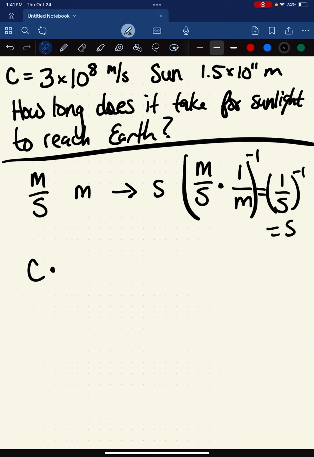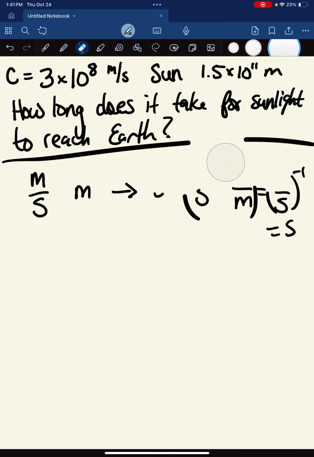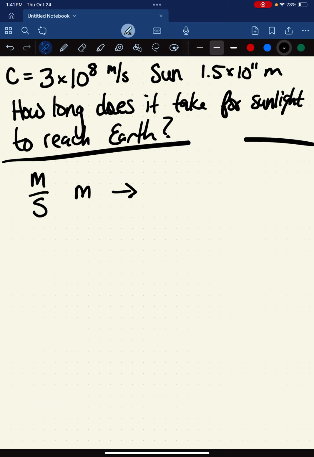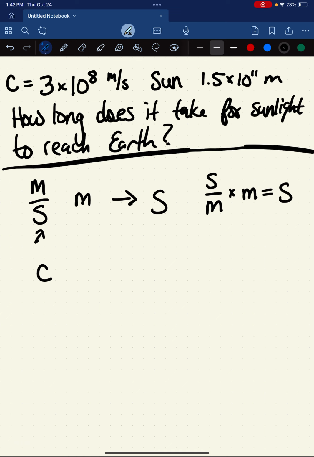So we need to take C, which is in meters per second, multiply it by 1.5 times 10 to the 11 meters. Sorry, I'm being stupid. I mean, that works. What I did works. How can we combine these two things together? Let's go back to that question. Well, if we actually invert this one, we get seconds per meter times meters, which is seconds. So we just need to invert.